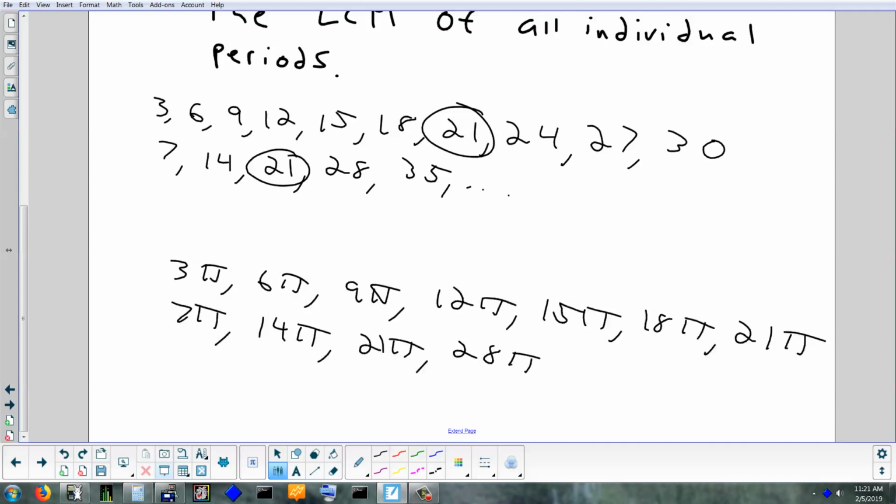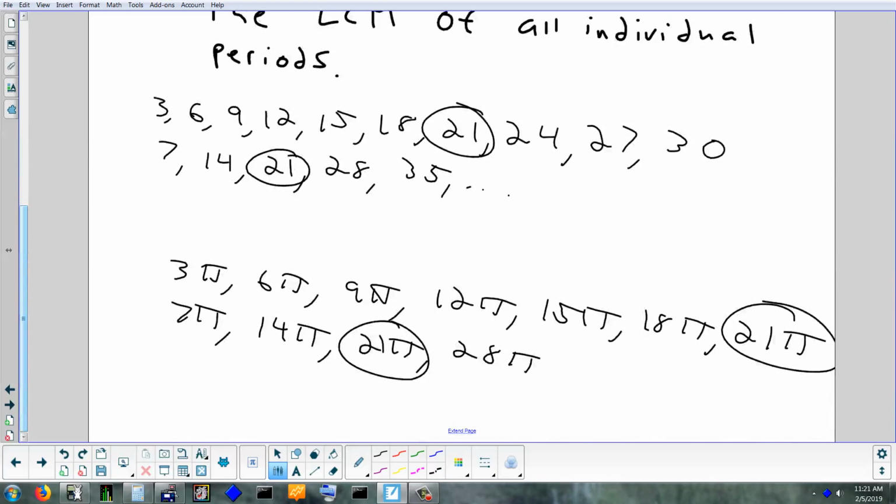So if you look at 3 pi and 7 pi, what's the least common multiple there? 21 pi. Yep. So finding the LCM of a number that has pi in it is basically the same idea as a number that doesn't have pi. You just find the smallest number they have in common and then put pi on the end, just like the one up above.